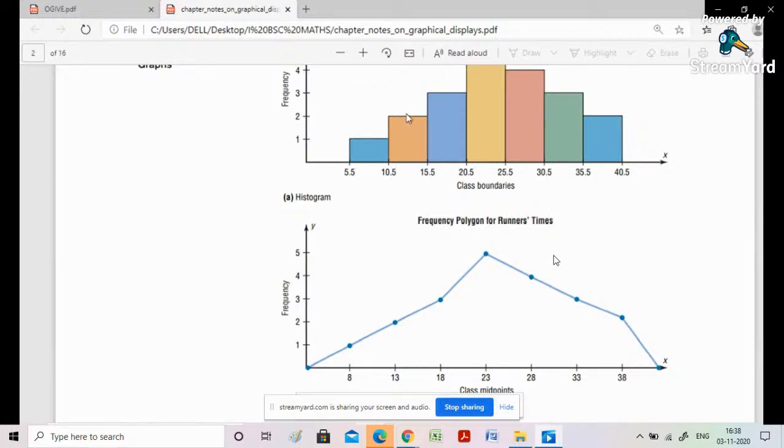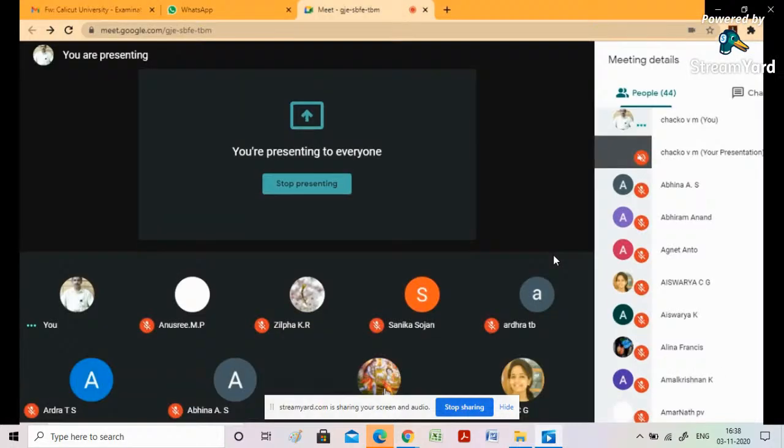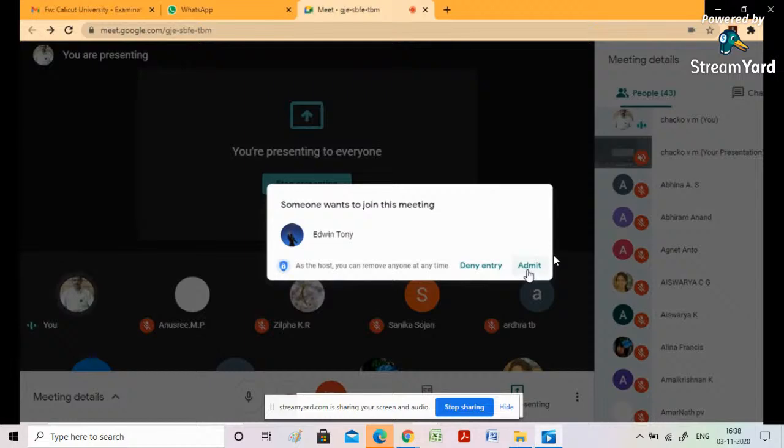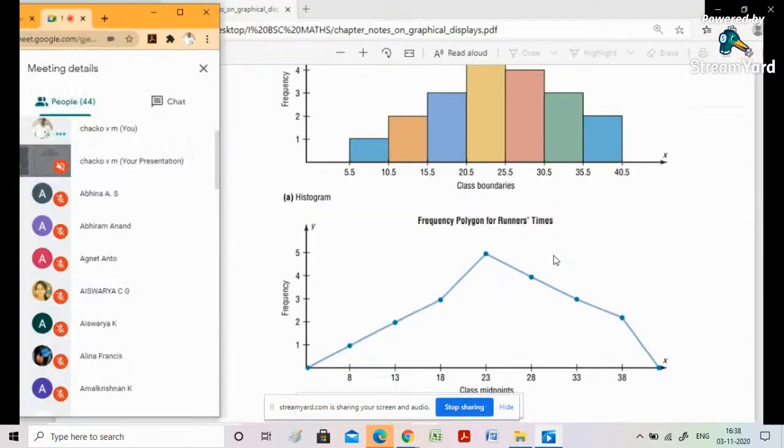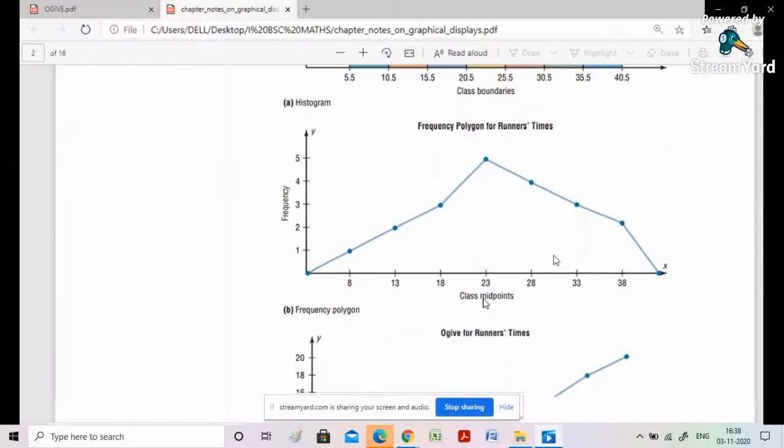So you can draw the polygon like this using the histogram. That is usually called a frequency polygon. Okay, so this is an example.